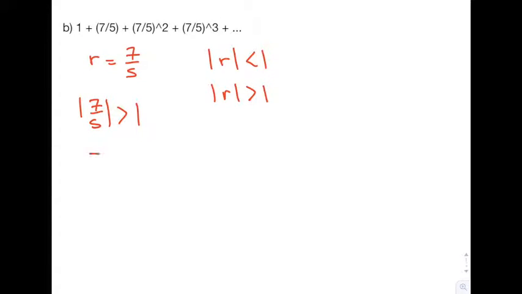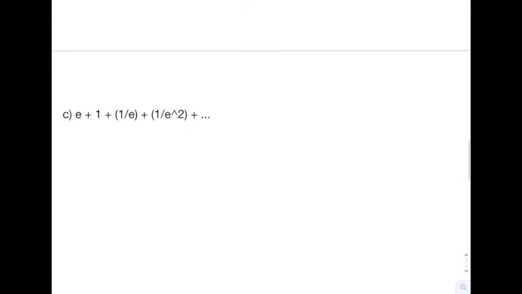So if we take the absolute value of 7/5, that is in fact greater than 1, which means that this particular sum diverges. So there's no single number that this sum will converge upon. It'll just keep getting bigger and bigger.